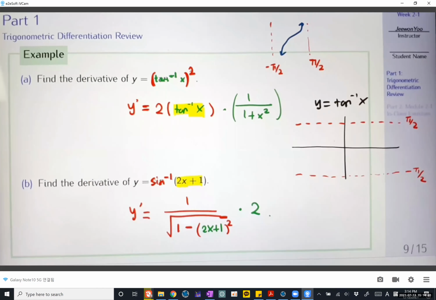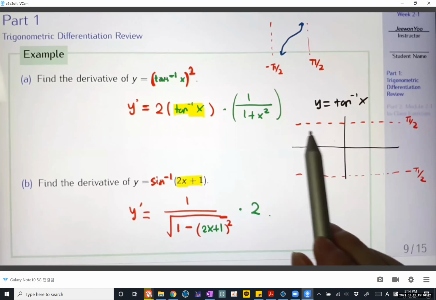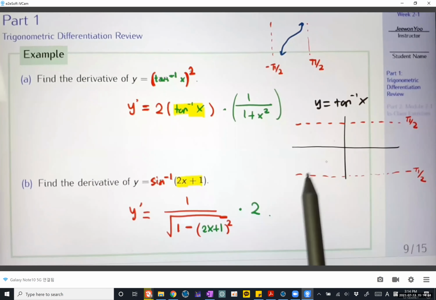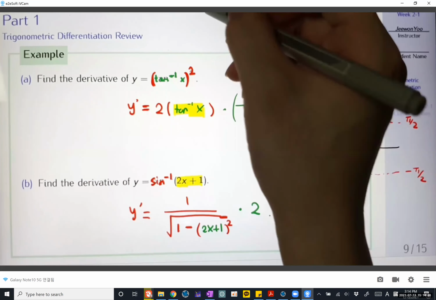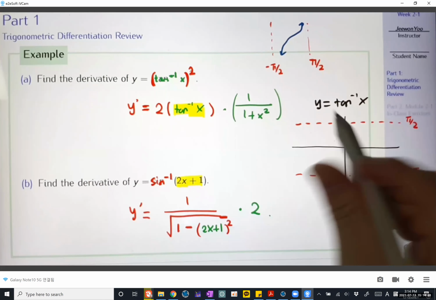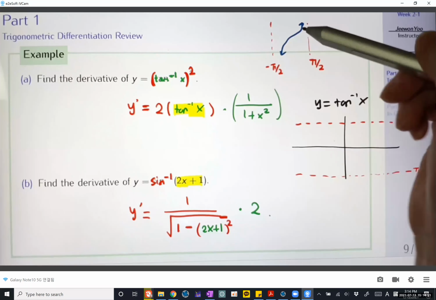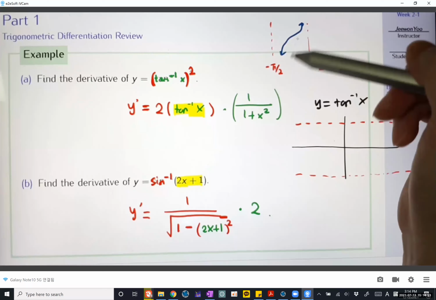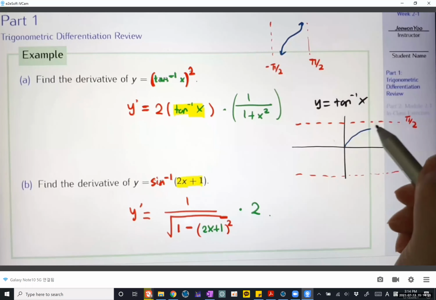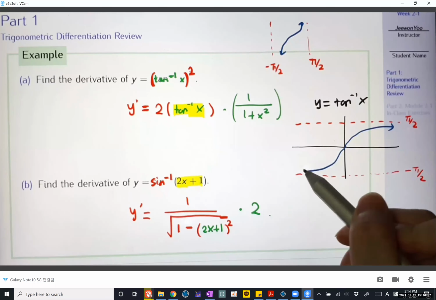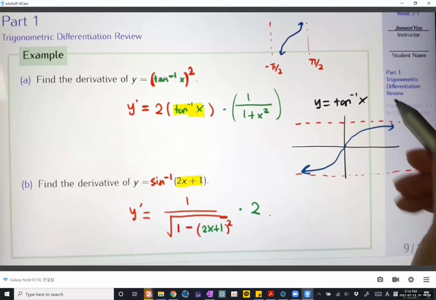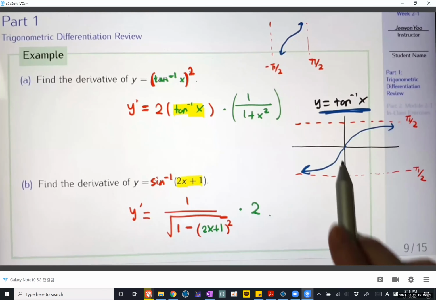Does that make sense? So these are the two horizontal asymptotes for inverse tangent, and the graph looks like this. Instead of opening up and down, it's like opening right and left. So this is called the inverse tangent x graph.